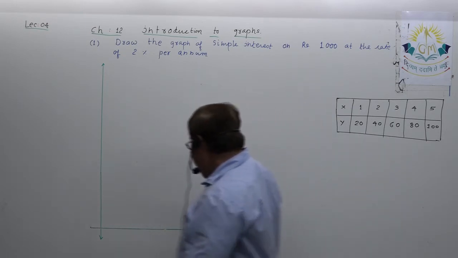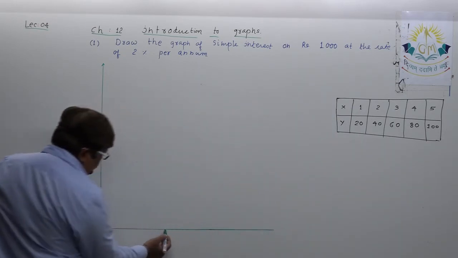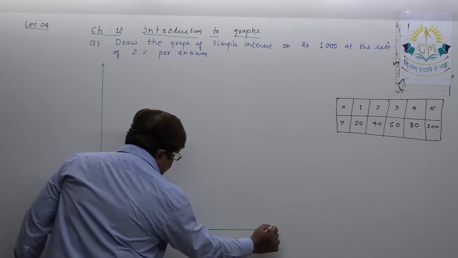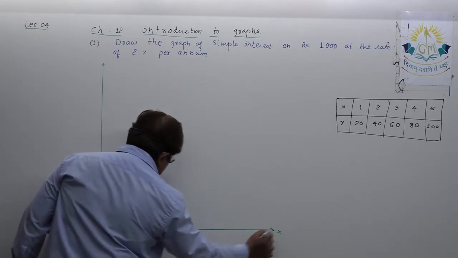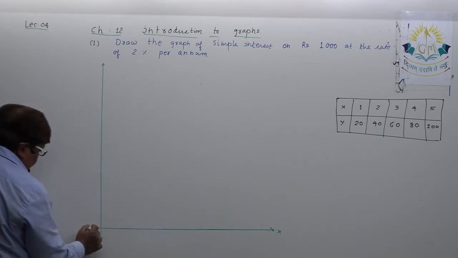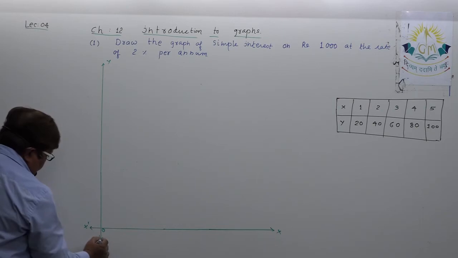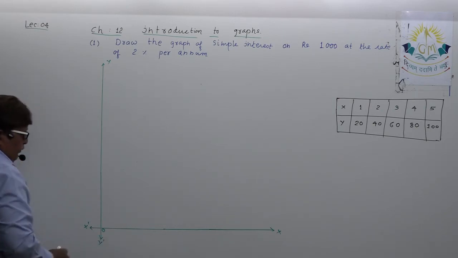Now, dear student, after drawing the Y and X axis, let me name these. This is X dash. This is the origin. This is Y. This is Y dash.